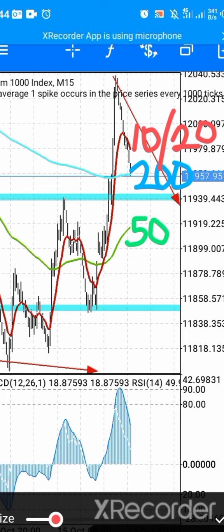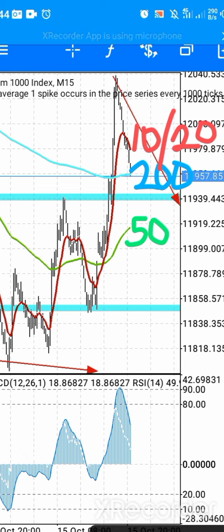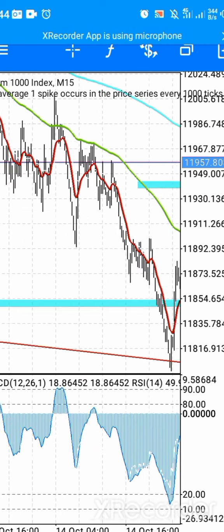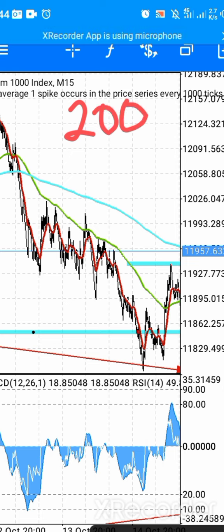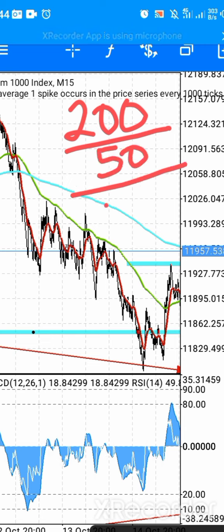So you can see this, and normally when price is trending, this is what you're going to have. You're going to have the price in this order. For a sell condition, you're going to have the 200 over the 50 over the 20, or like I said, over the 10.